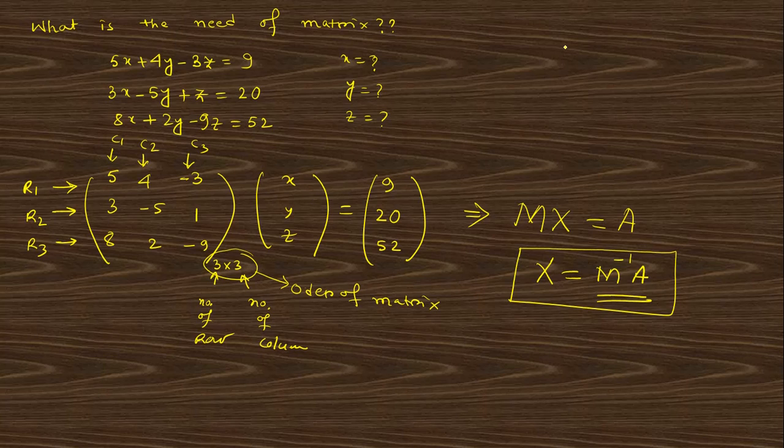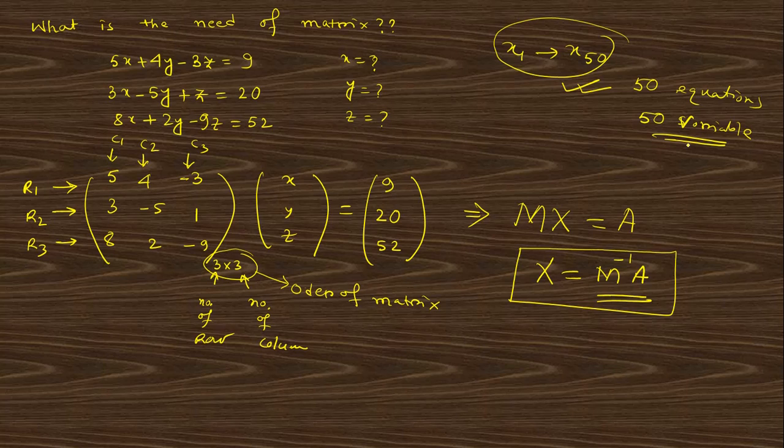If there are 50 variables, from x1 to x50, you can also solve by this matrix process. If there are 3 equations, you can solve for x, y, z by the elimination process. This is possible, but if you have 50 equations and 50 variables, how can you solve? Then the matrix process or the matrix presentation is very useful for such kind of equations.